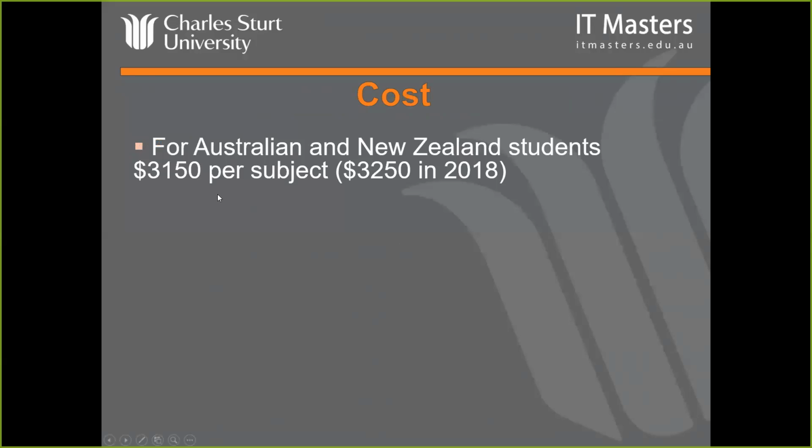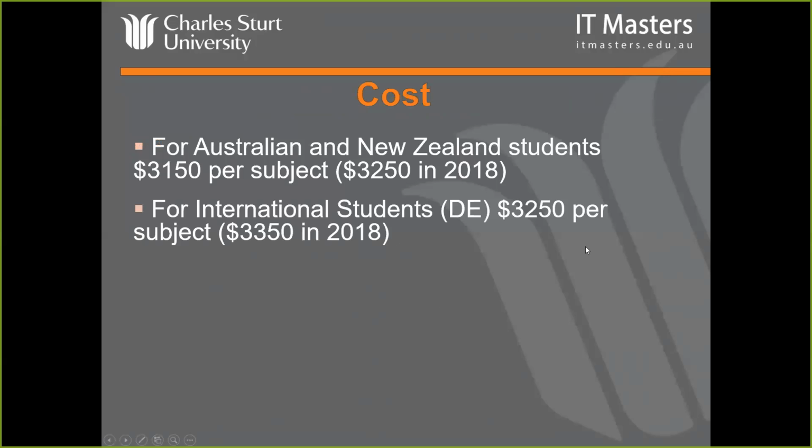So $31.50 per subject. If you're starting in 2017, you can multiply that by 12 to work out the total cost. In 2018, for Australian and New Zealand students, $32.50. If you're coming to us internationally, studying by distance, $32.50 and $33.50 in 2018.